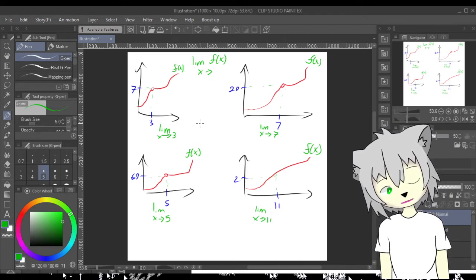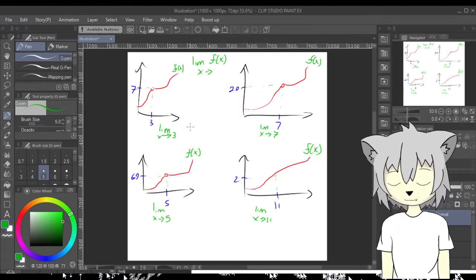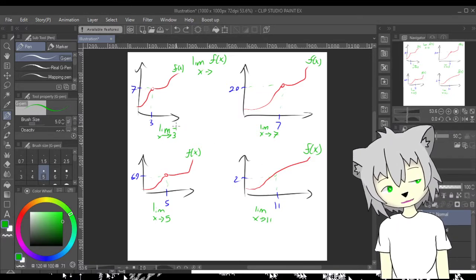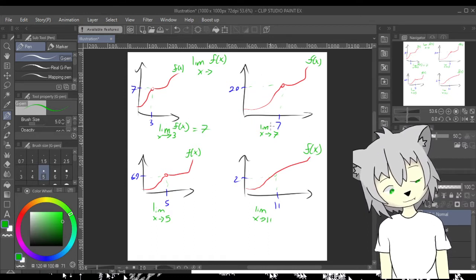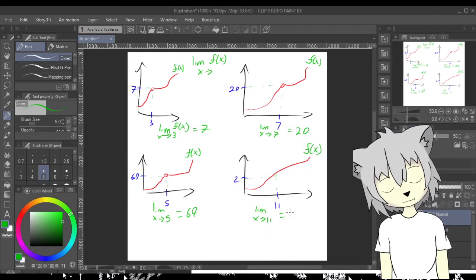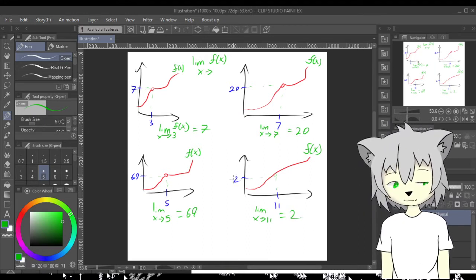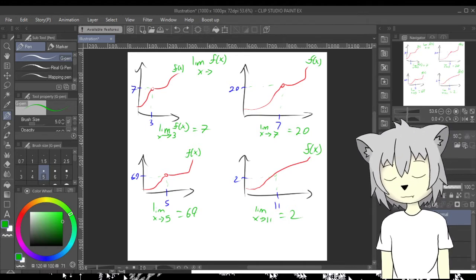Of course, I expect you guys to have not even paused the video, but of course you could have. The answer is the limit of f of x as x approaches 3 in this function right here is just 7. Limit here, 20. Limit here, 69. Limit here, 2. Or I hope that looks like a 2, yeah? Not 1, a badly written one.